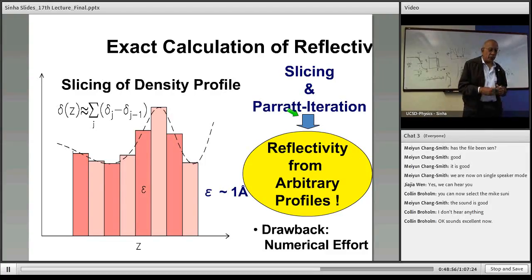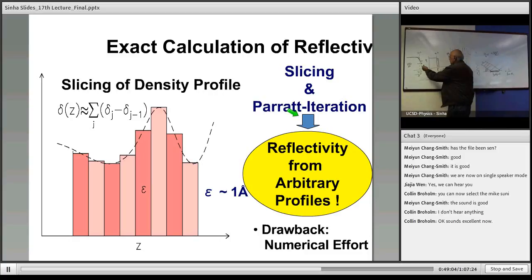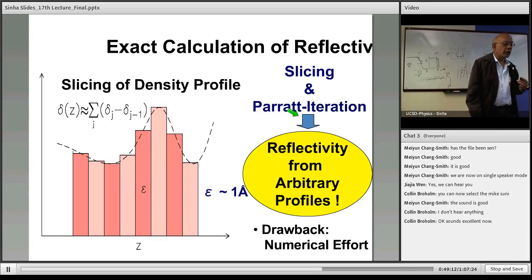But in actual fact, to do the calculation rigorously, for an arbitrary profile like this, or any other arbitrary profile, we need to use something which is a little bit different.